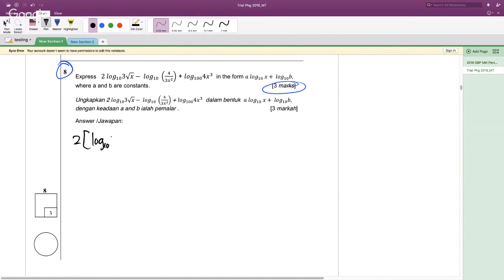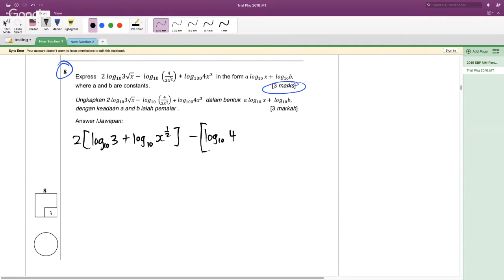This is log 10 3 plus log 10 square root x. Okay, square root x, if you understand, is x power half. And then I minus this one, which is log 10 4.